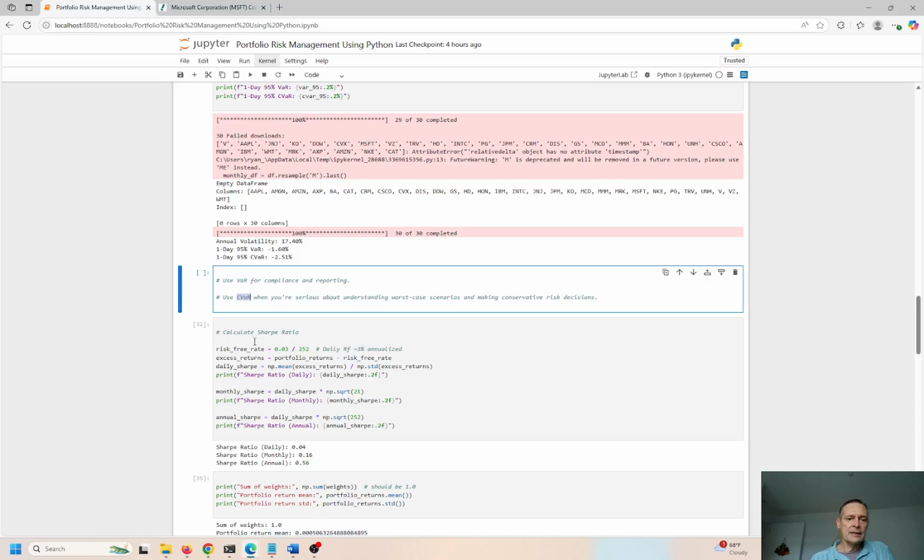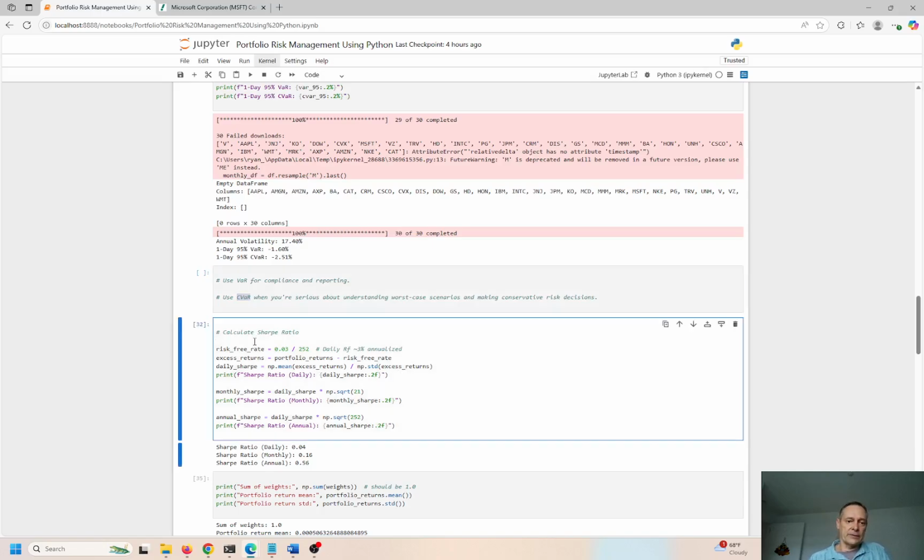So moving on now, we are going to calculate the risk-free rate. We are going to look at portfolio returns and get the daily Sharpe. So the Sharpe ratio is the return that we're looking at minus the risk-free rate, divided by the standard deviation, because we want to normalize this portfolio's deviation of price over time.